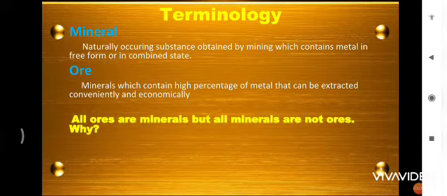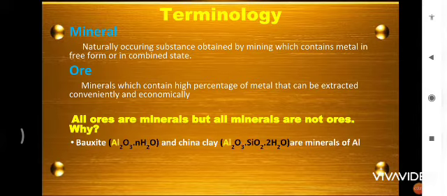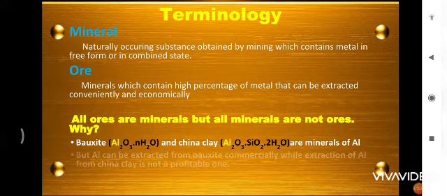So that's a statement. All ores are minerals, but all minerals are not ores. Why? So I'll take an example of aluminium. Bauxite and china clay both are minerals of aluminium. You can see the chemical formula for bauxite is Al2O3.nH2O and for china clay is Al2O3.SiO2.2H2O. So both contain aluminium.